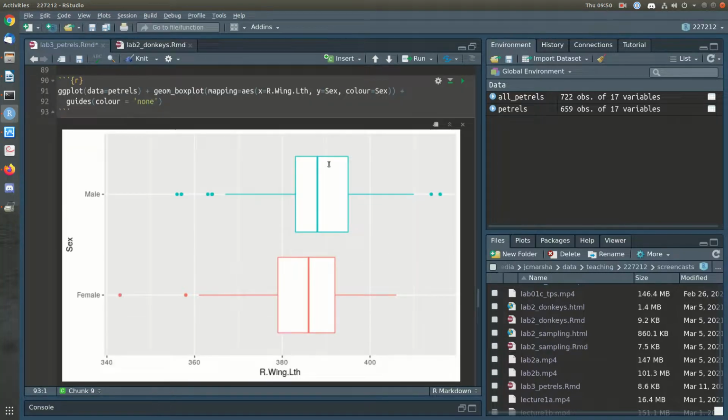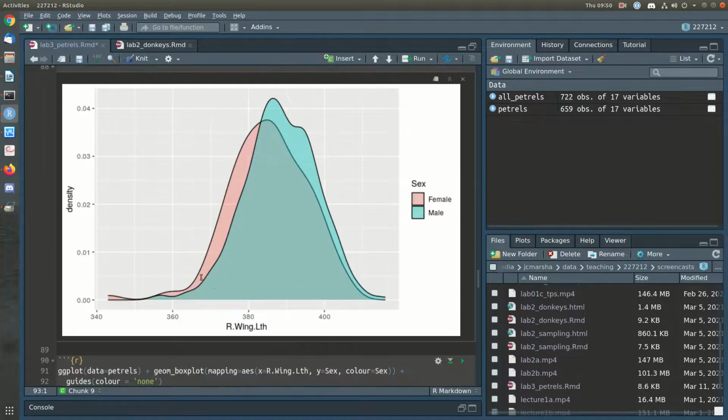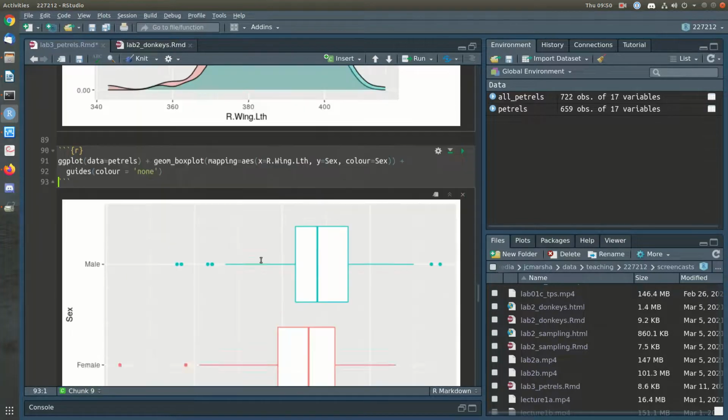Okay, so again we see that the shapes are pretty similar between the two, but the whole of the box plot for the males has been shifted up a little bit compared to the females. There's not a massive difference compared to the range in the data that we have. There's not a huge shift, but there does seem to be a shift in the centre and a shift in the average.